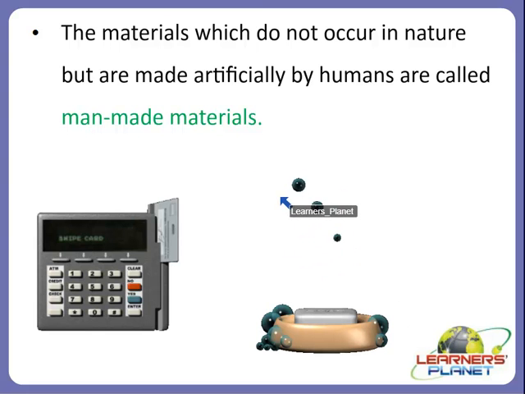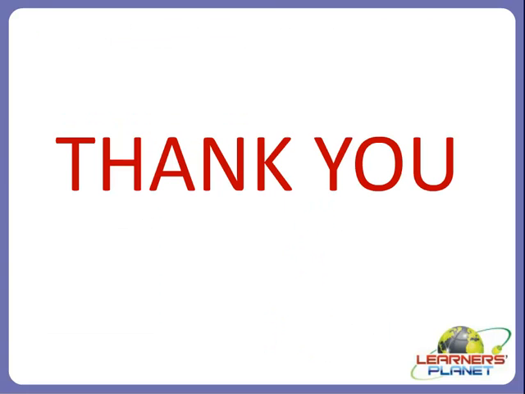These materials do not occur in nature and they are made artificially by humans, and that is why they are considered man-made materials. So this is one such category we discussed in the classification of objects.